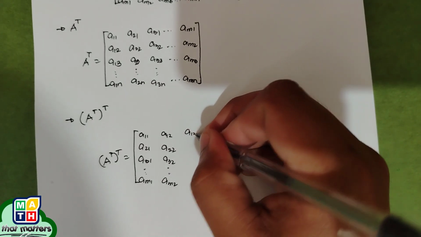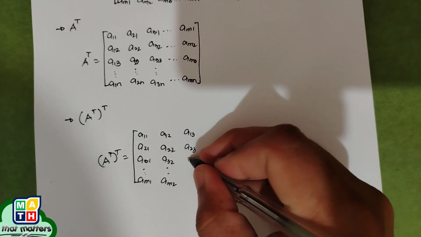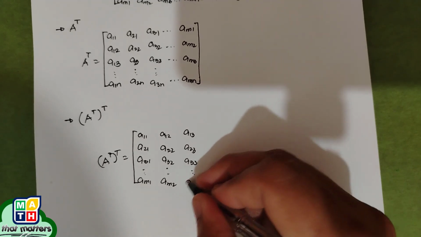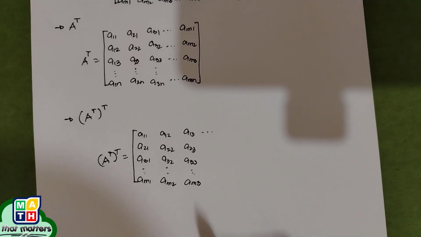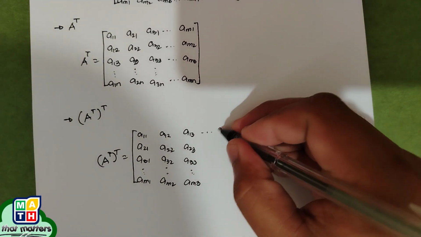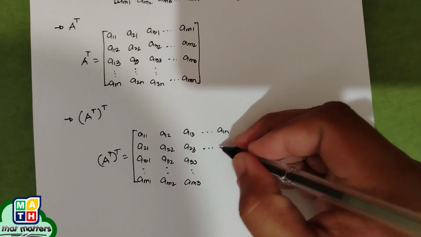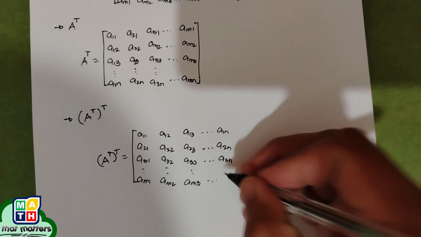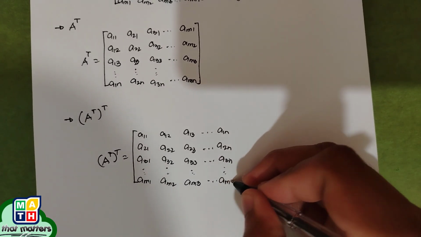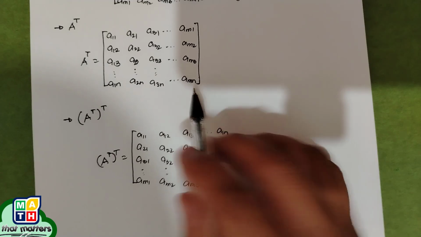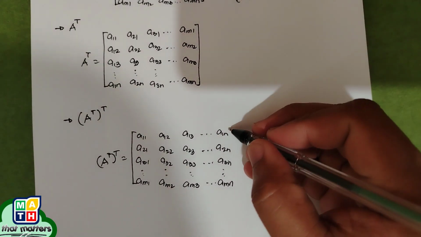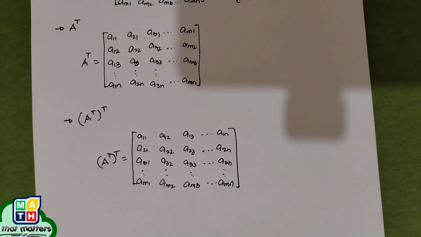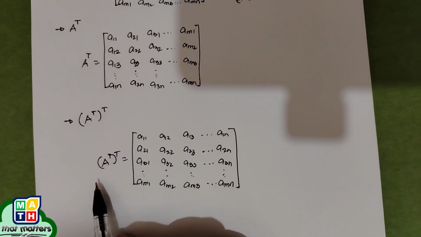Next, A13, A23, A33, Am3. And the last row will be its last column, A1n, A2n, A3n, Amn. So when you close this, this is now the transpose of the transpose of A.